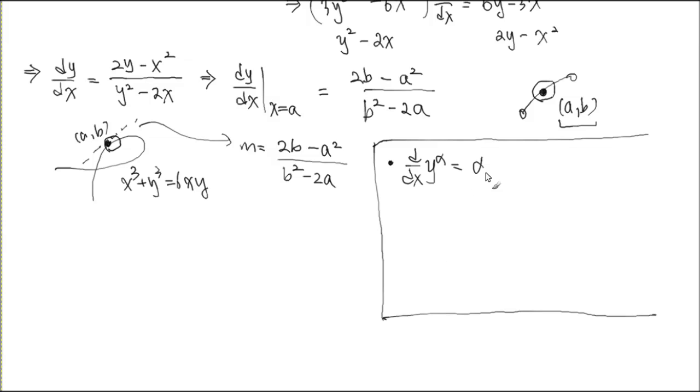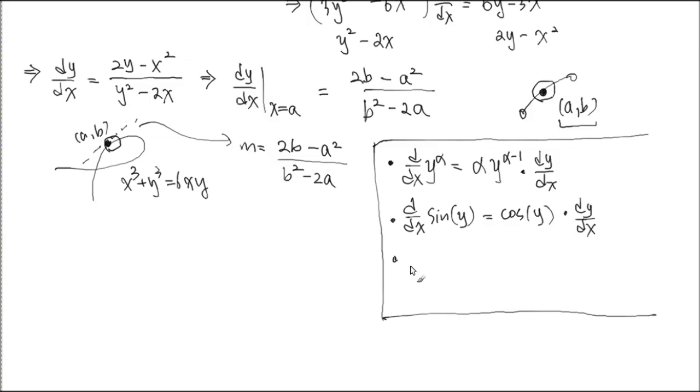Alpha y to the alpha minus 1, multiplied by dy/dx. What rule is that? Chain rule. So what other functions will you encounter? d/dx of sine y. Maybe you're going to see that in the Cartesian equation. Then what do you get? Cosine y multiplied by dy/dx.